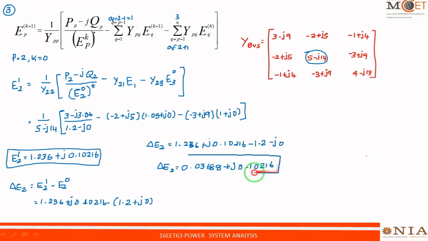This is the change in the value of the voltage at bus 2. Now the final value of E2 at the first iteration is given by E2 naught, the voltage at bus 2 in the previous iteration, plus alpha, the acceleration factor given in the problem, into delta E2. Alpha is given as 1, and E2 naught is 1.2 plus j0.